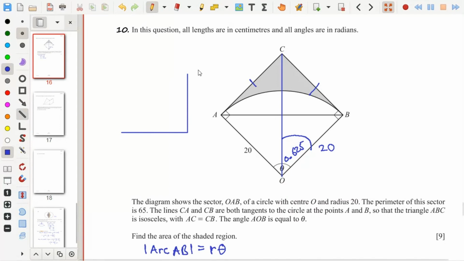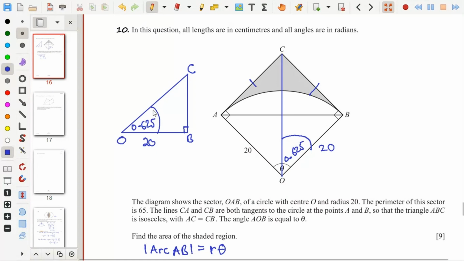I'm just turning the shape for you to view it properly. So here is O, here is 90 degrees, that's B. This side is C. And I know the length OB is 20. The angle here is 0.625.